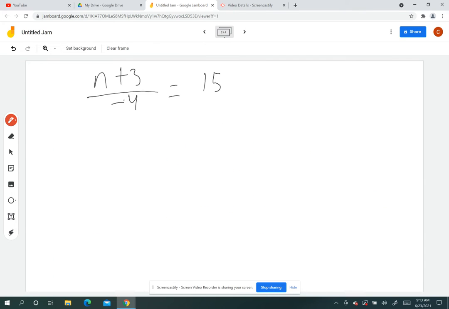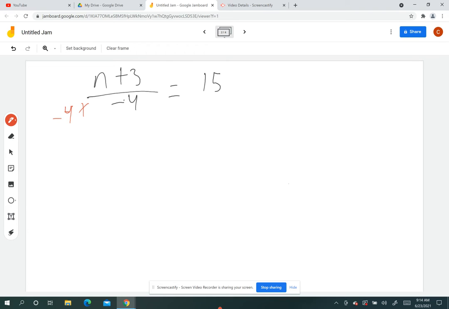If we see this here, you'll notice both n plus 3 and n plus 3 are over negative 4. So what we're actually going to do first is multiply both sides by negative 4. Because we're dividing here, we want to do the opposite. So I'm going to times both sides by negative 4.